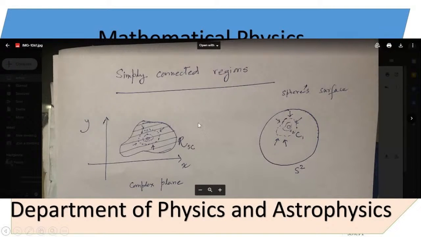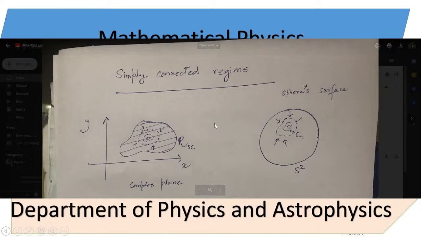So now you can see that if you take a small patch in the XY plane, the shaded patch, take any closed contour, it can be shrunk to a point, all the time staying within the shaded patch.